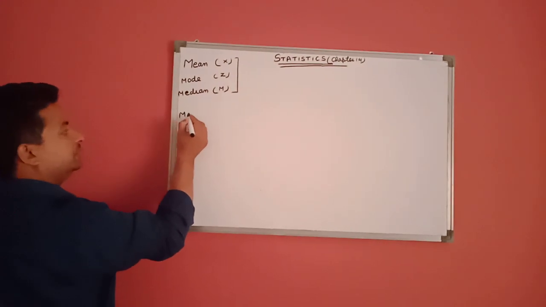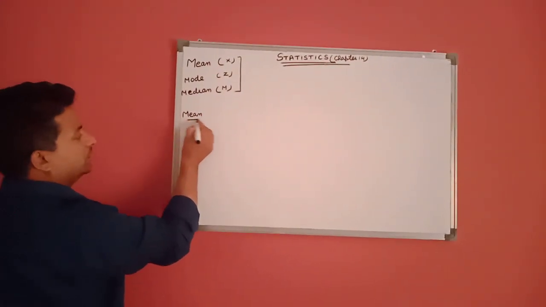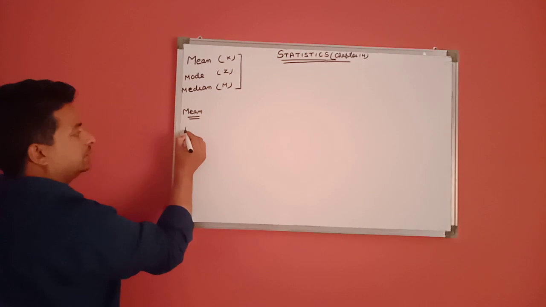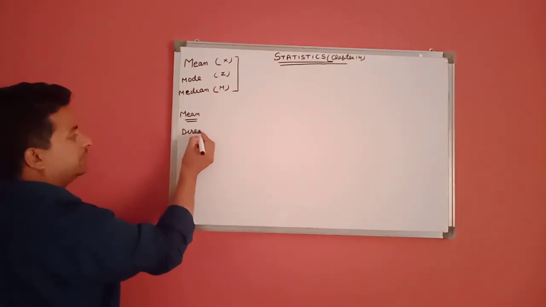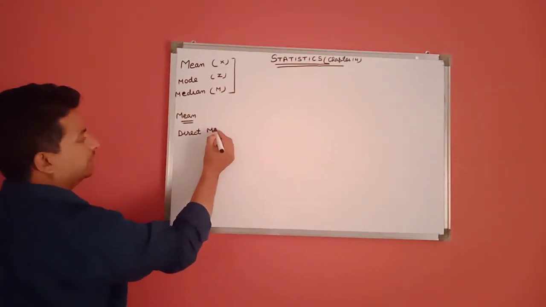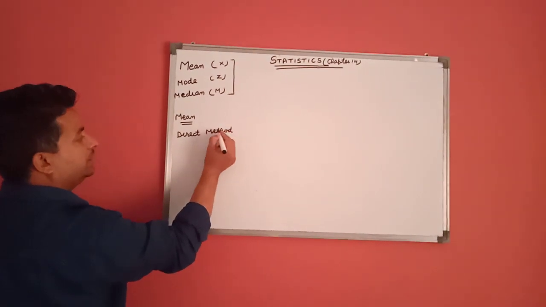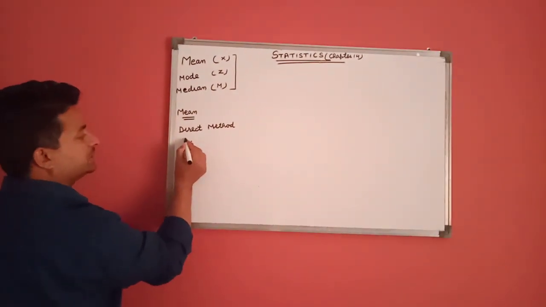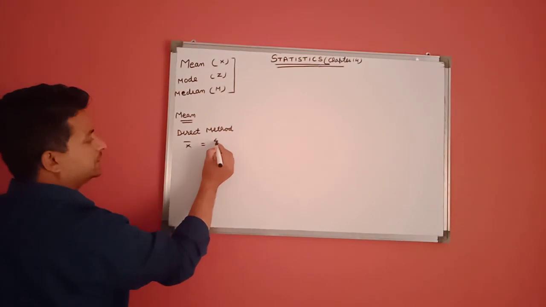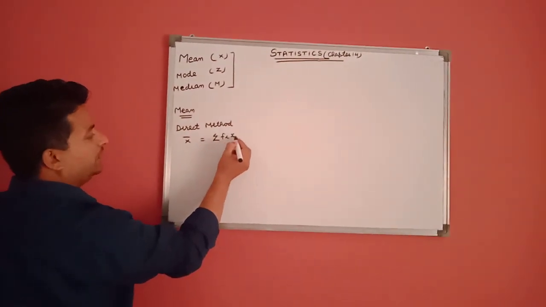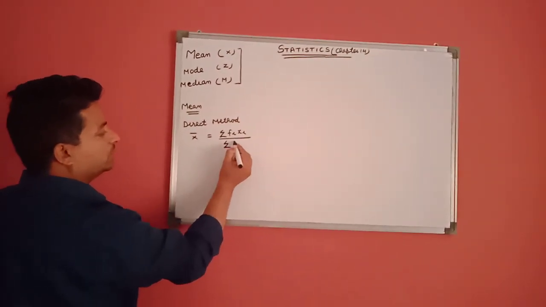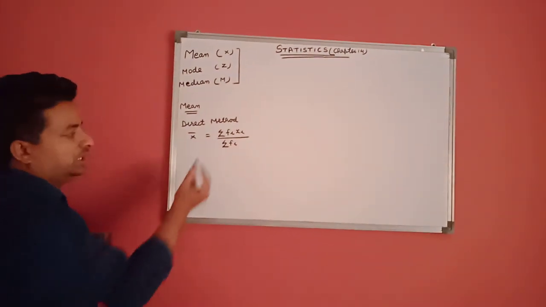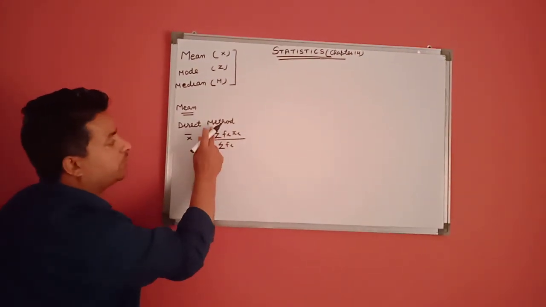For mean there are three methods. First one is the direct method. In this direct method, mean x bar is summation fi xi upon summation fi. Summation is the sum of.